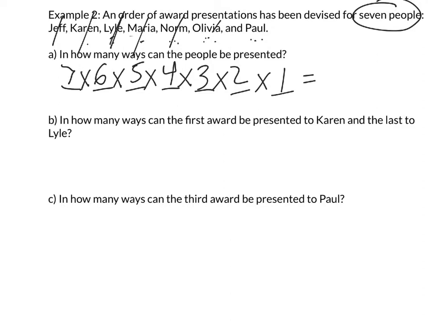And you can even see 7 times 6 times 5 times 4 times 3 times 2 times 1 really is summarizing 7 factorial, because we started with 7 and we multiplied it by all the numbers below it down to 1.